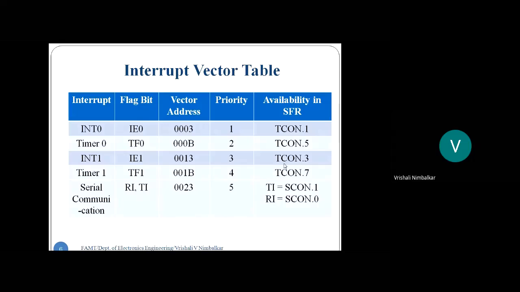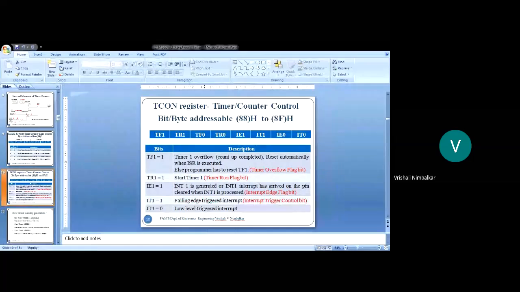register and SCON register. So in the timer control register, we have timer flags as well as hardware interrupt flags, int0, int1. And in SCON, the serial communication control register, we have the TI and RI flags. So just let me show it to you. TCON register. In the TCON register, what do we have?